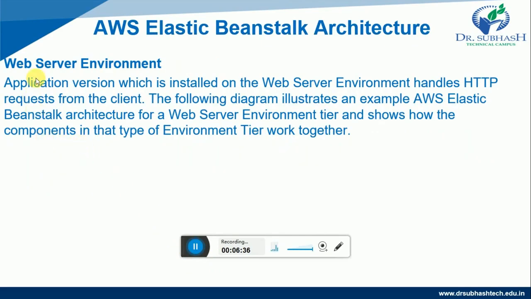The first is the web server environment. The application version which is installed on the web server environment handles HTTP requests from the client. In the previous figure, we have seen an example of AWS Elastic Beanstalk architecture for a web server environment tier and how the components of this type of environment tier work together.